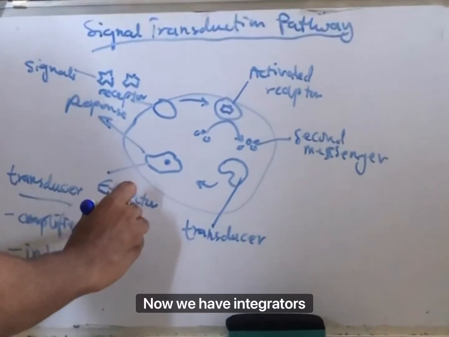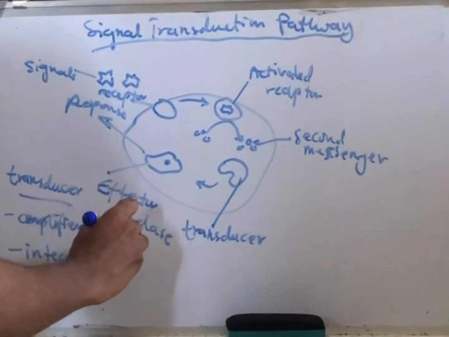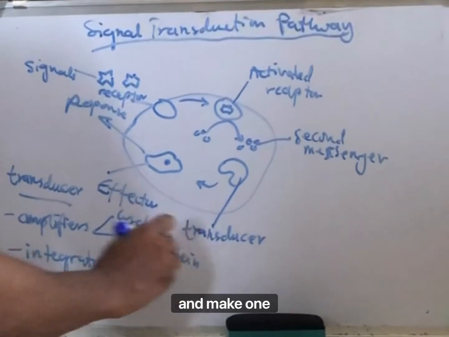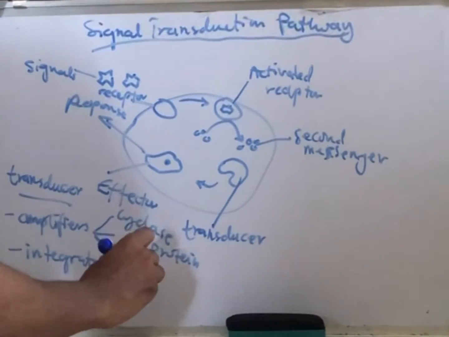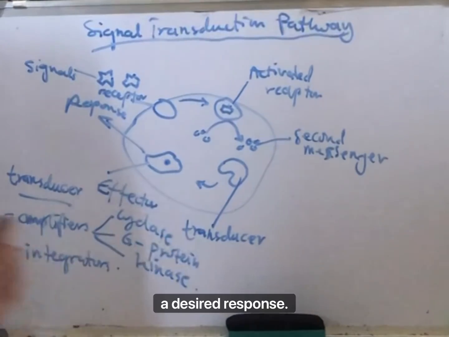Then we have integrators. For integrators, they will pick more signals, let's say 2 or more signals, and make one signal to act on an effector to produce a desired response.